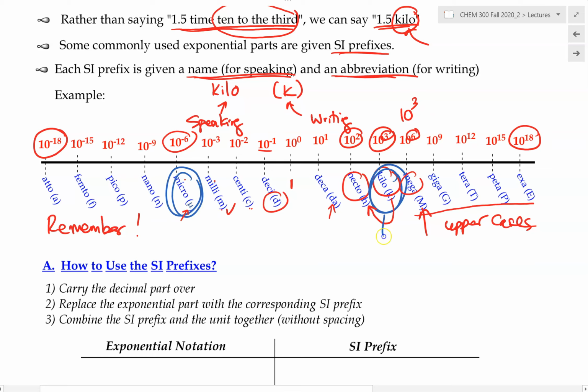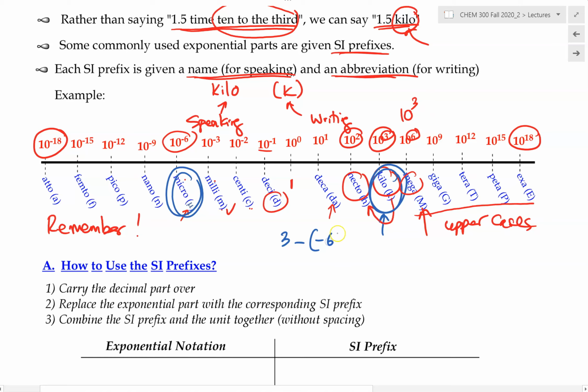Then the answer, kilo, would be bigger, right? Because kilo is 10 to the third. So it's bigger than 10 to the negative 6. Now, how many times is a kilo bigger than the micro? Then the answer would be to take the exponent. In this case for kilo, it is 3. And now subtract the small exponent. In this case, micro, and micro is negative 6.